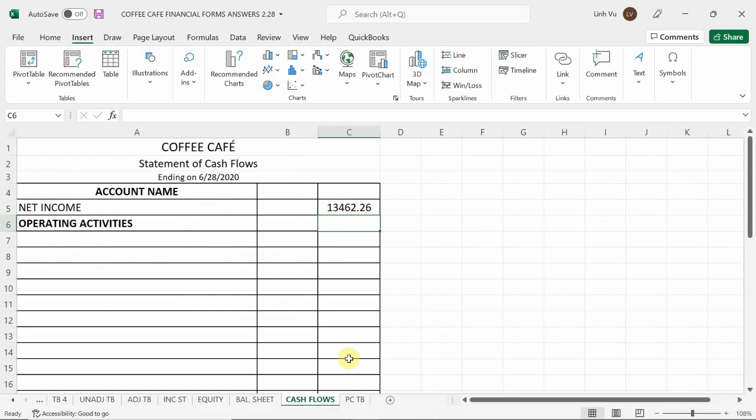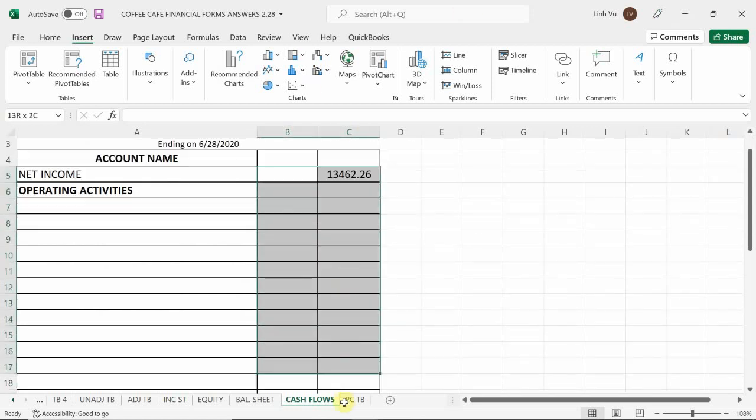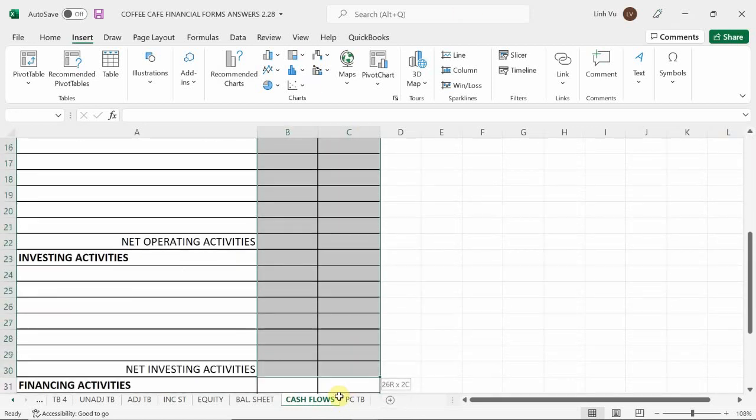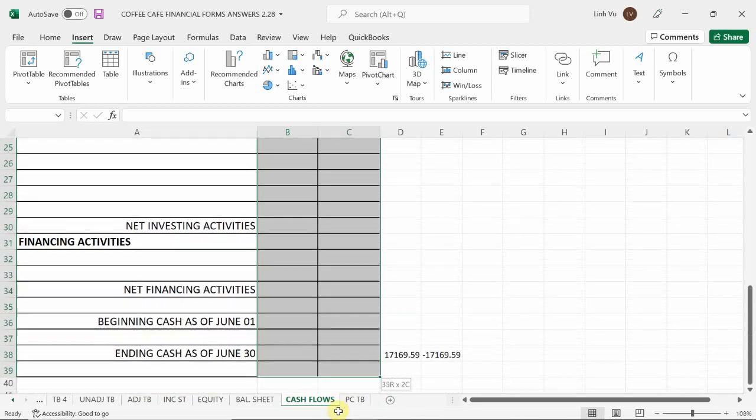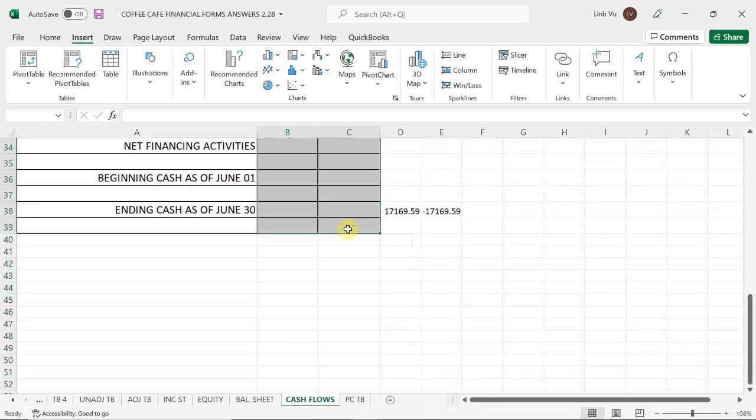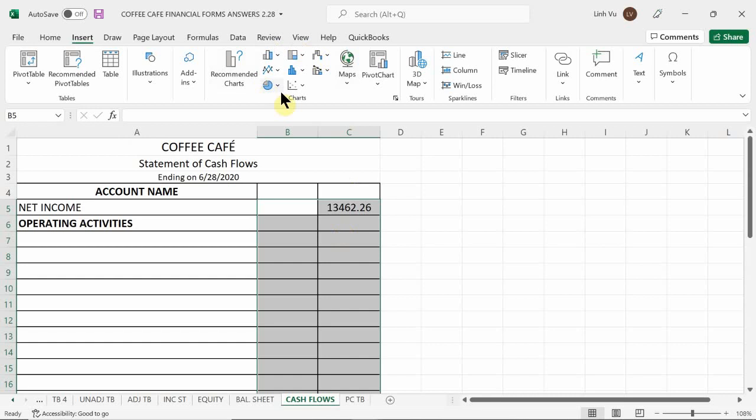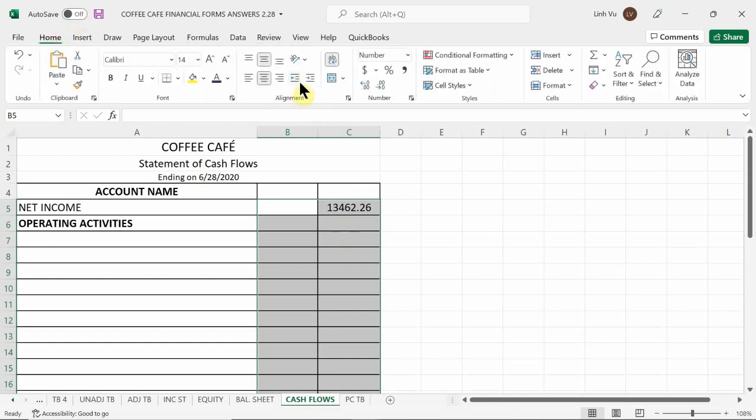Even though we generated $13,000 in sales income, that doesn't mean we actually received all 13,000 of those in cash, because a portion of those sales was generated through accounts receivable, meaning we never received the cash in the first place. Okay, so 13,000, our net income, is where we need to start off.